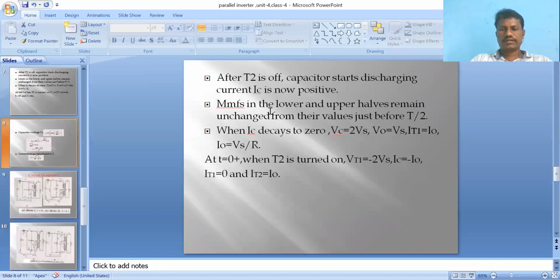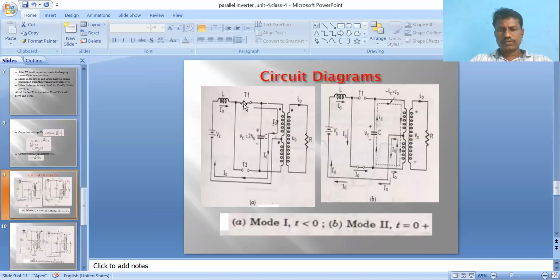So let us see the diagram. That is the first mode, that is t less than 0. Mode 1 is t less than 0. T1 is turned on. The current starts from Vs plus through the inductor, T1, the first portion of the primary, then to Vs minus.